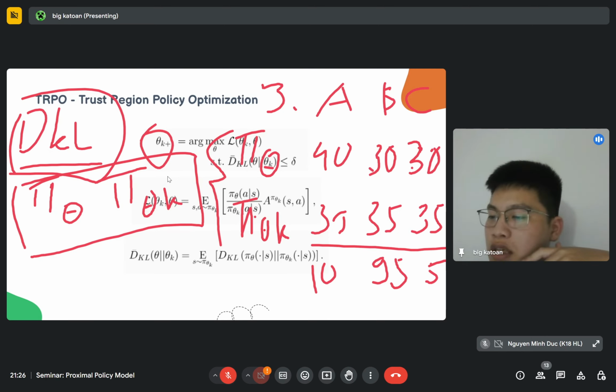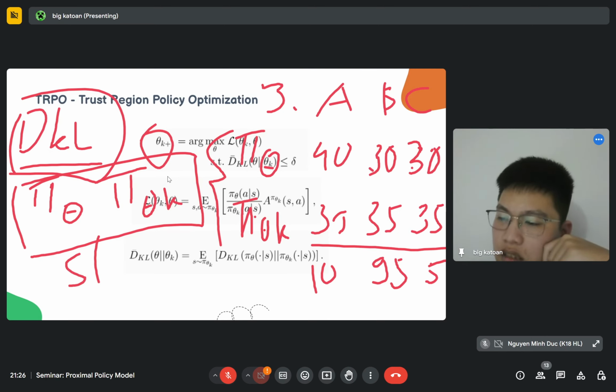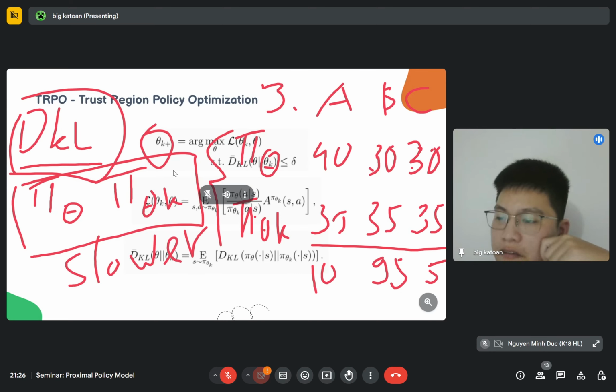It makes the model learn slower, but with more confidence in learning.